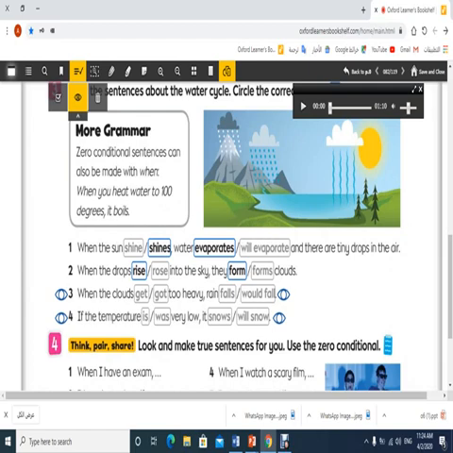Present, of course. Excellent. Get. Rain falls or would fall? Falls, because of the s. If the temperature is or was very low, it snows or will snow? If the temperature, present, is or was? Is. Excellent. It snows or will snow? Of course present simple, so snows.